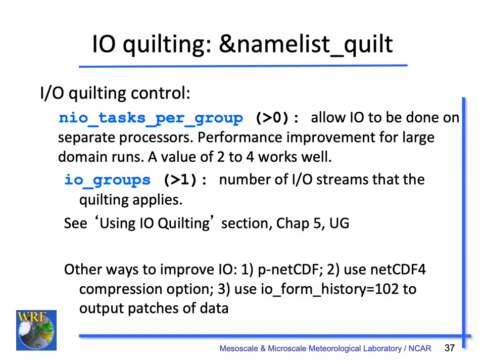And finally, setting io_form_history equal to 102 rather than 2 will allow each processor to write the data on that processor. This is by far the fastest way to write data, but a post-processing step is required to put the individual files together.